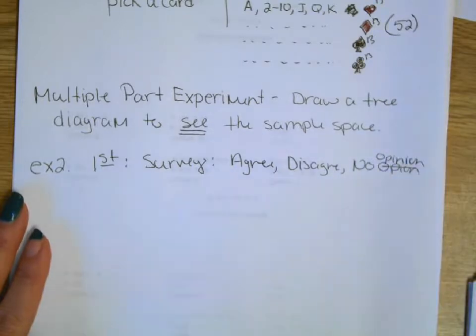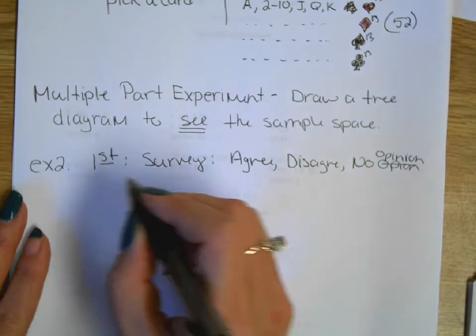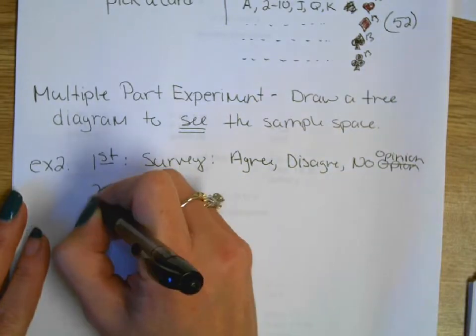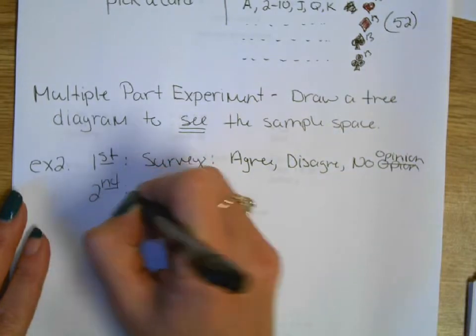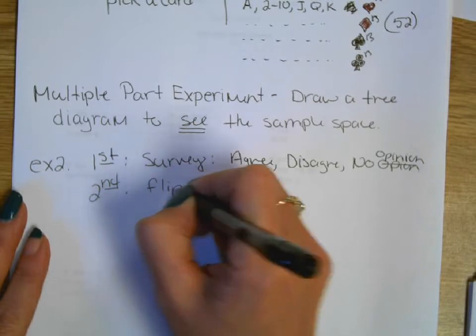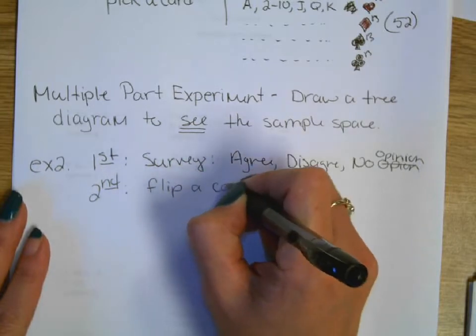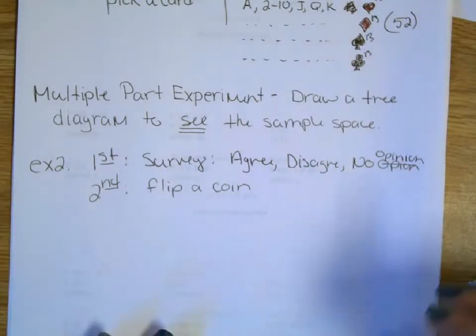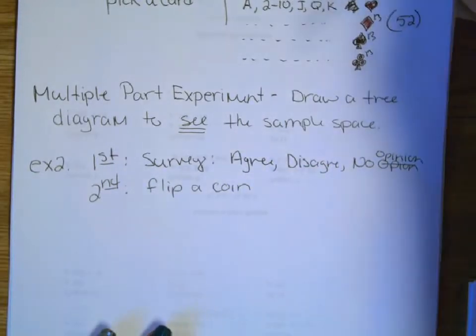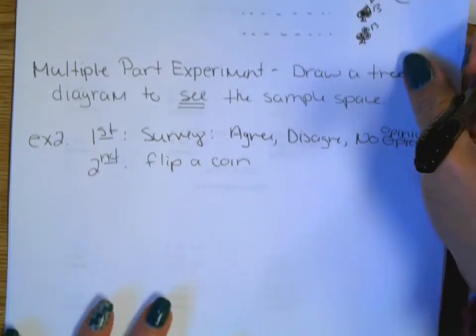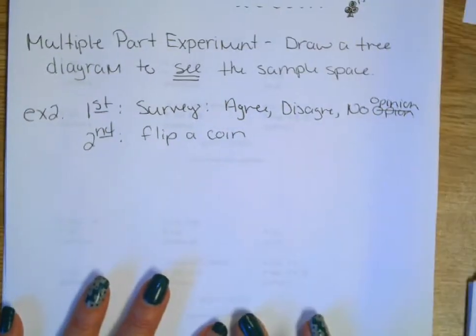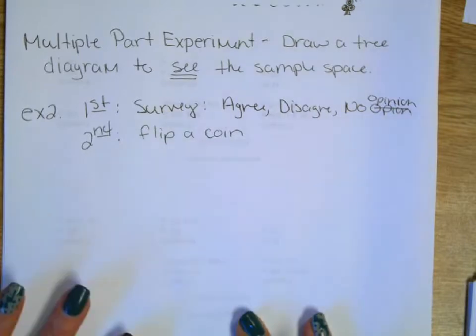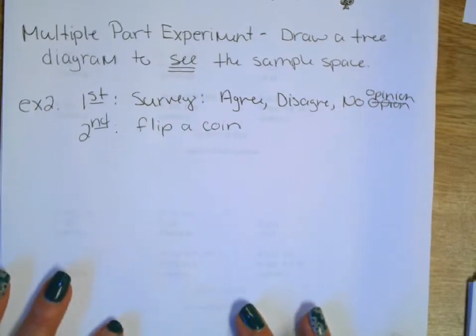After they answer the question, they're going to flip a coin. So I want you to be able to draw a tree diagram that will show me the entire sample space. And if you were here, I'd ask you how many outcomes you think are in this sample space. Don't know if you know or not, but we're going to find out.